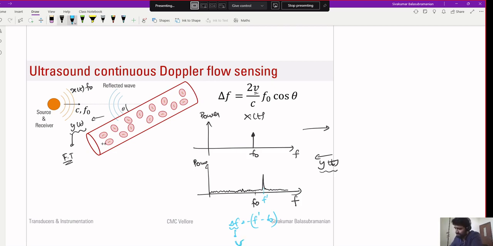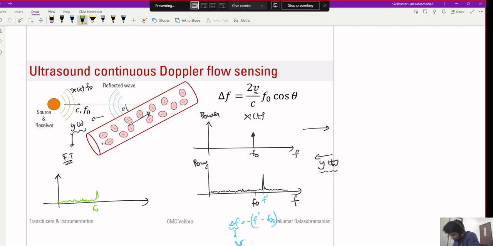Okay, but this is an ideal scenario where all of them were moving at the same velocity. All of them might not be moving at the same velocity. Some RBCs might be moving slower, whereas some of them are moving faster, but all of them might still be moving in this direction. In that case, what would the Fourier transform of your received signal look like? Let's say this is f naught, so there's still some noise. There would be several frequencies above f naught.